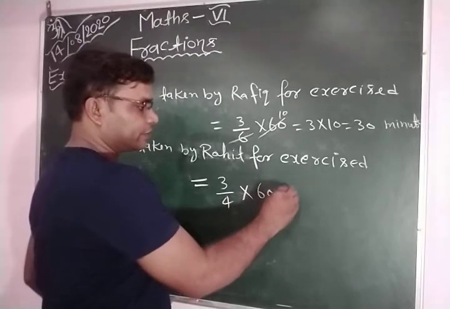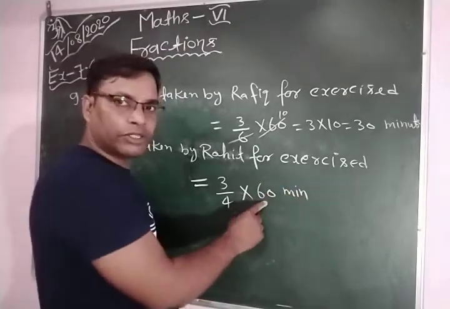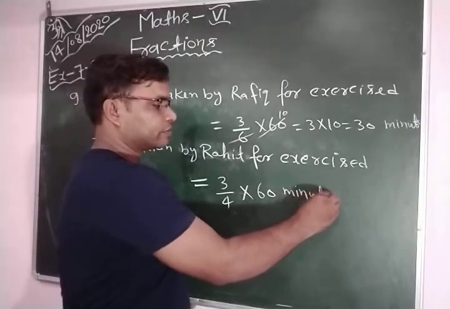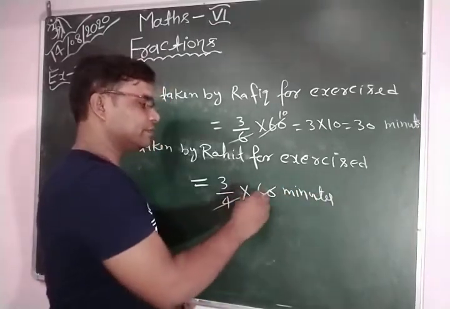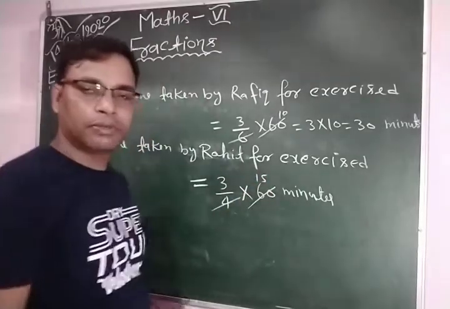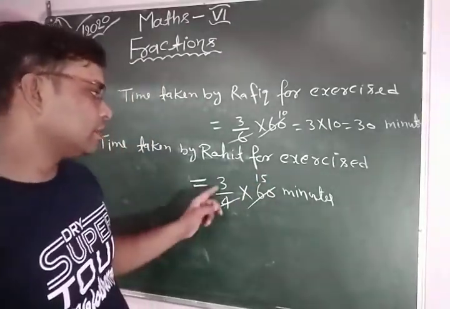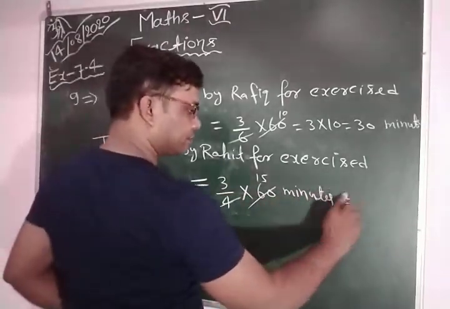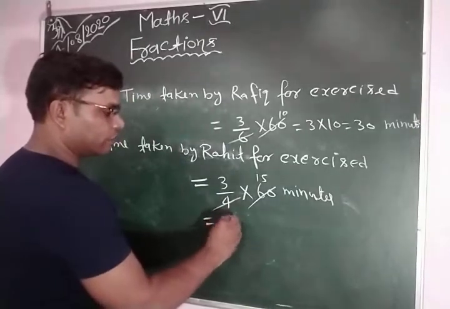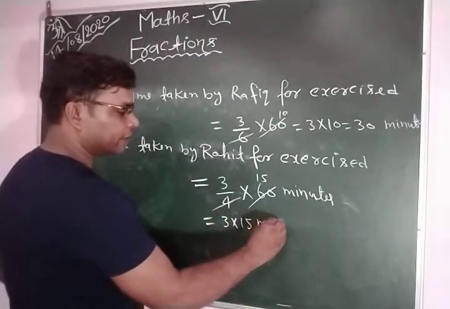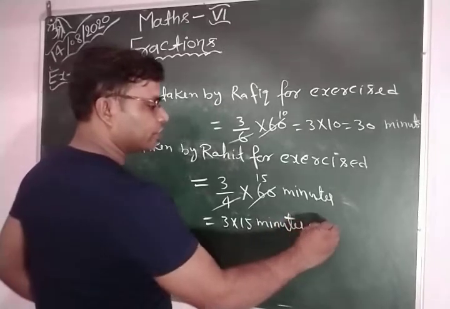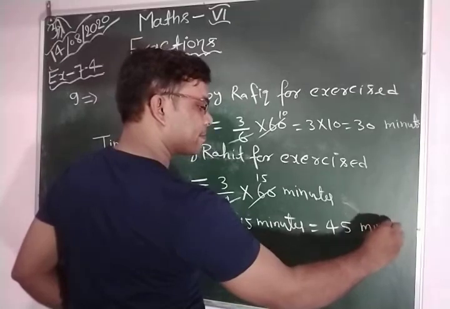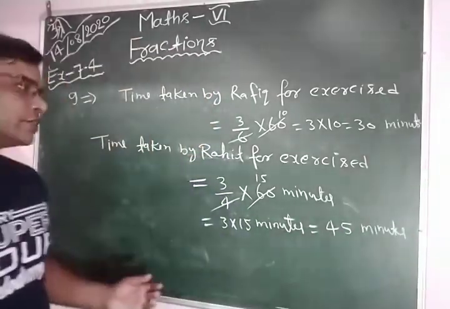Okay, this is in minutes. 1 hour is equal to, as you know very well, 60 minutes. If you cancel it, you get 15. 15 fours are 60, and 3 into 15 minutes is equal to 45 minutes. Okay, this is equal to 45 minutes.